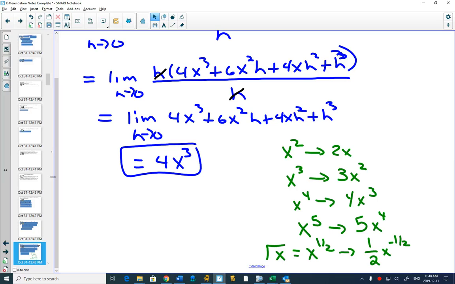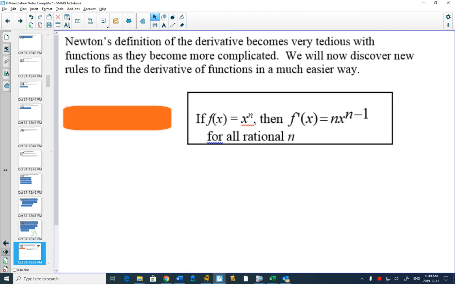And once you've done that in a general form using the definition, you can now use it as a shortcut or a formula moving forward. So, if f of x is x to the n, then the derivative, the exponent comes out in front, and you can subtract 1 from the exponent. Right? This is going to be very true.